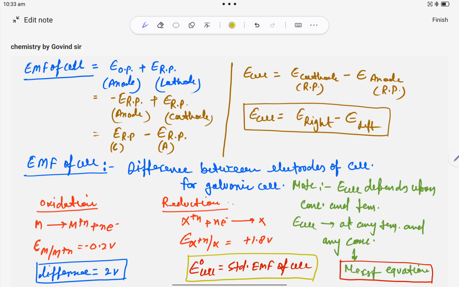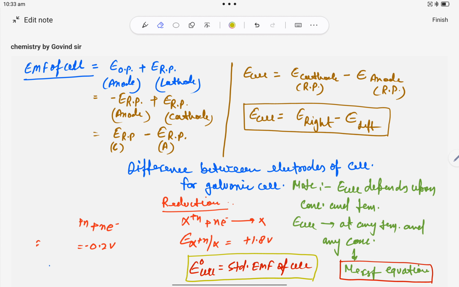So E naught of cell is equal to E naught of cathode minus E naught of anode.